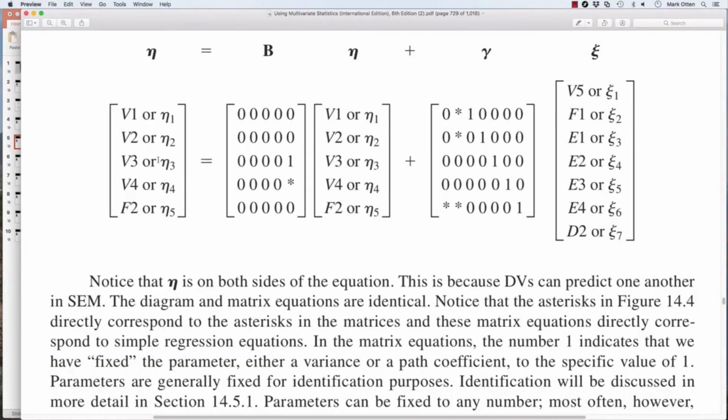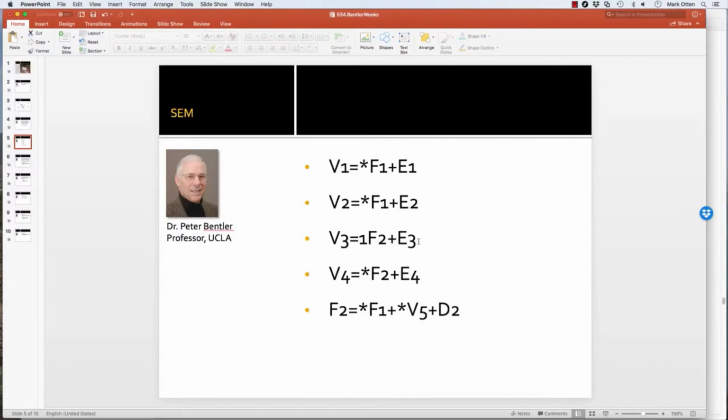So we go back here, V3, it's in the V3 row, and then in the far right column, that's the fifth column in the beta matrix. Well, the fifth column is the F2 column. The way you can figure that out is, there are 5 columns and 5 DVs, so you could go across: V1 is the first column, V2 second column, V3 third column, and so on. So again, this 1 is your V3 F2 relationship, and in our list of equations, this is what it looked like.